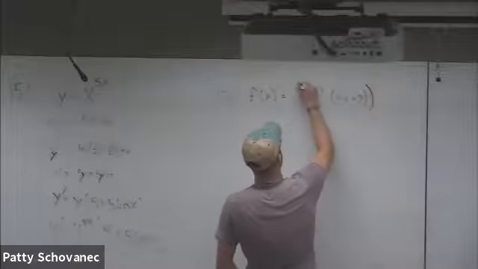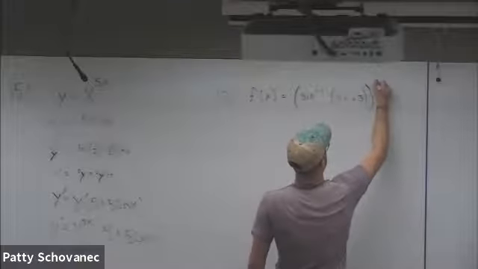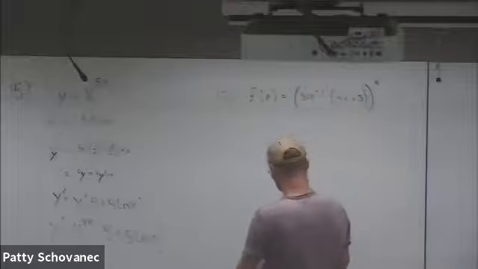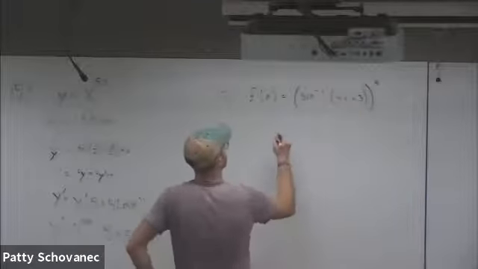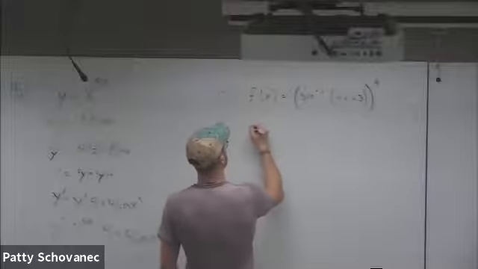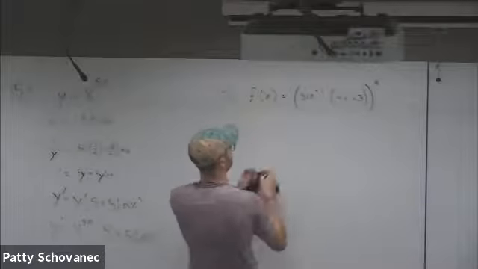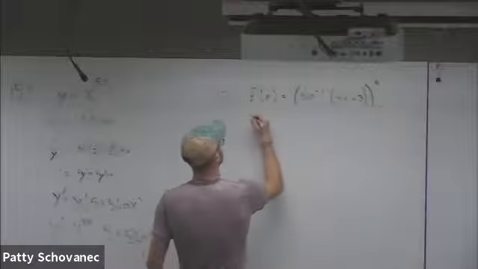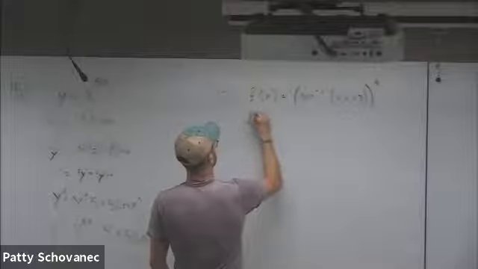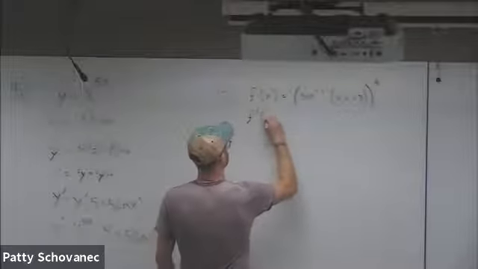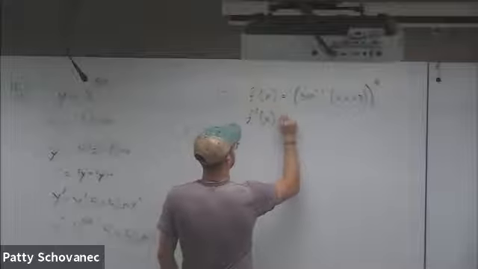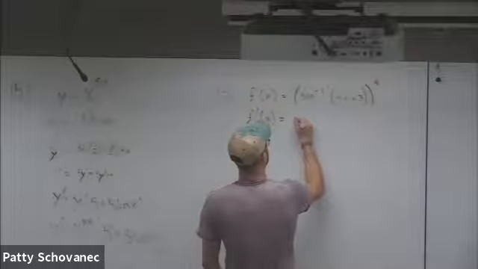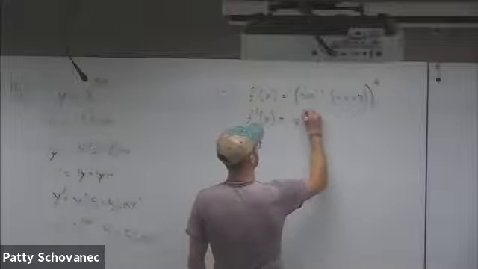Does that matter at all? It matters quite a bit. Otherwise the inverse trig function is to the 8th power. If you put the 8 outside the parentheses after the 3, that means only the 4x plus 3 is to the 8th power. Really? Maybe that's why I'm saying this wrong. 8.